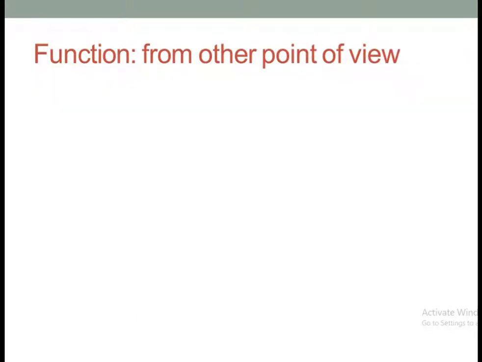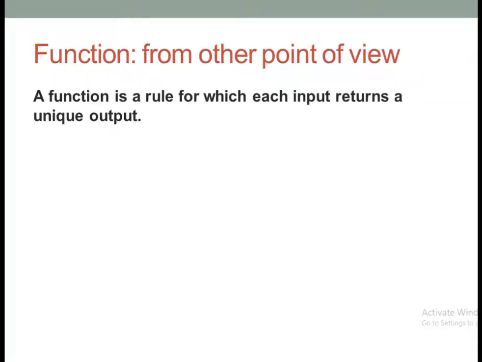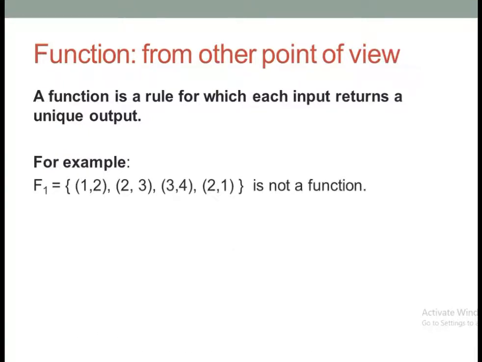Now we are going to define functions using input and output. A function is a rule for which each input returns a unique output. For example, f1 is equal to {(1,2), (2,3), (3,4), (2,1)}.